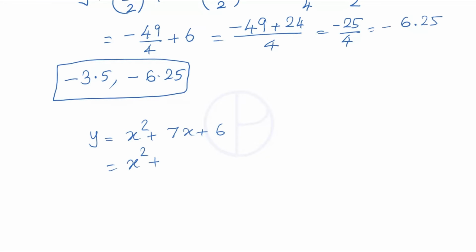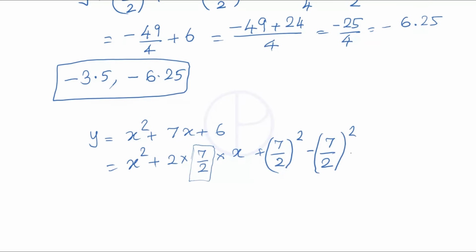This can be rewritten as x² + 2 times 7/2 multiplied by x. So let's add and subtract the square of this number: (7/2)² minus (7/2)² plus 6.